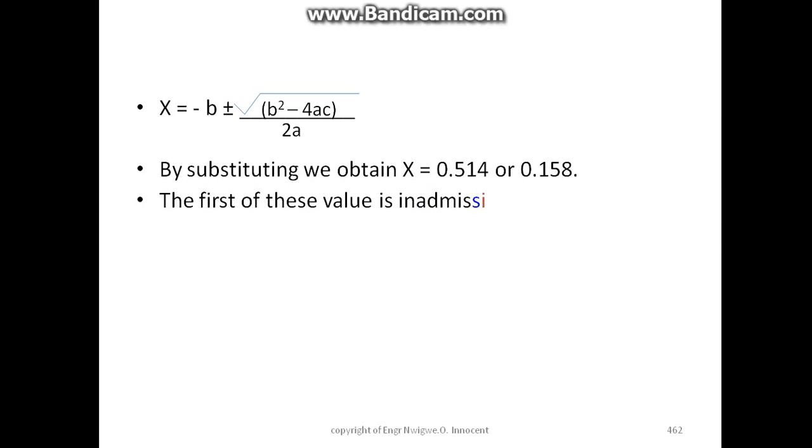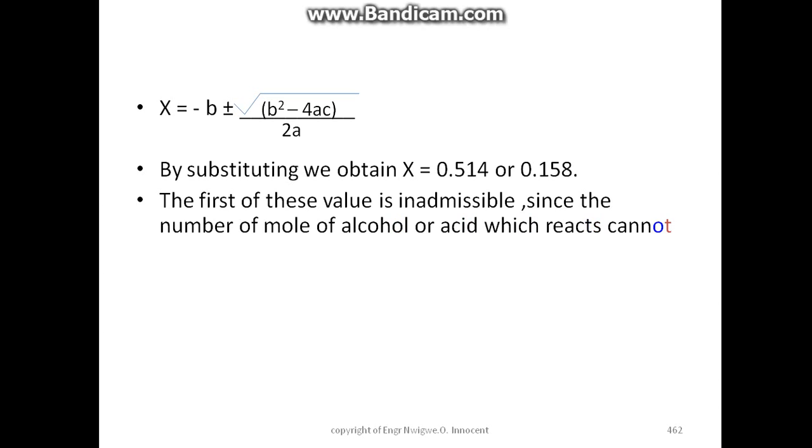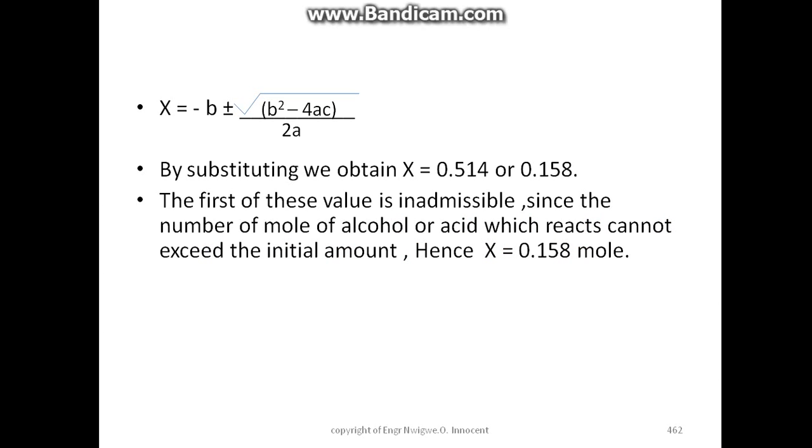By substituting the values, we have x equals 0.514 or 0.158. The first of these values is inadmissible, since the number of moles of alcohol or acid which react cannot exceed the initial amount.